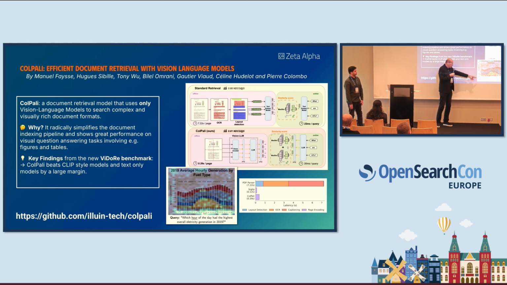The question is, which hour of the day had the highest overall electricity generation in 2019? And by looking at the image patches that it's retrieving, you can see that it's really reading the axis of that graph and reasoning about the visual information. So that's very cool, and it got a lot of people thinking differently about this problem.